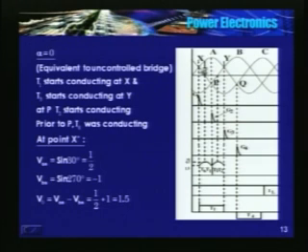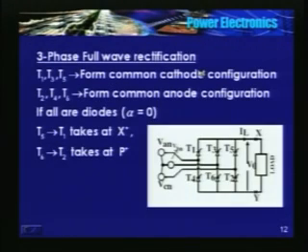Prior to triggering T1, T5, the device connected to C phase, is conducting. Remember, when I had D1, D2, D3, prior to D1, D3 which is connected to C phase was conducting.